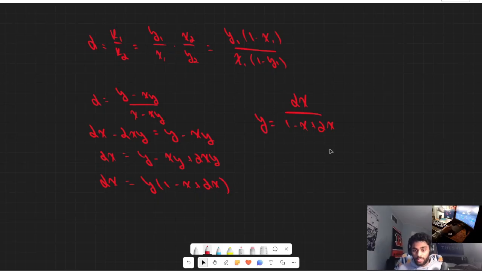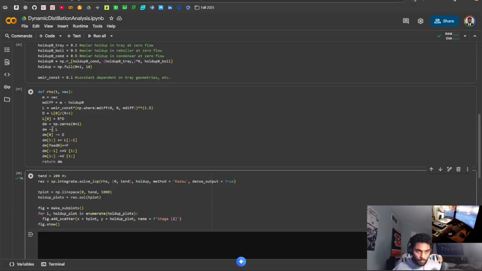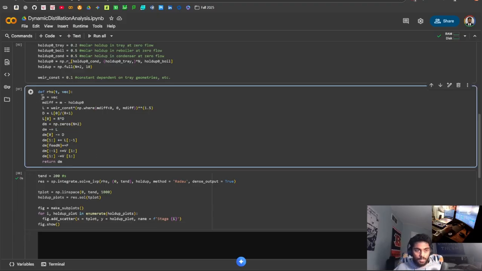And we'll be using this in our code to generate our second array for our mole compositions of the more volatile component. So we're just going to go through and modify our existing right-hand side function. The first thing we're going to do is split up our vector here.